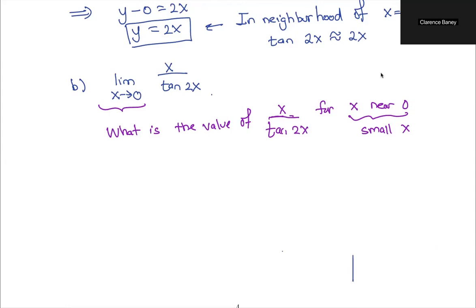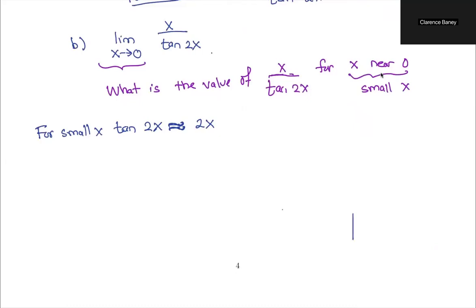So in that sense, we know the following, that for small x, the tangent of 2x is going to be approximately, I'm going to say approximately, I'll leave it to the physicists to say equals, but for small x, the tangent of 2x is approximately 2x.